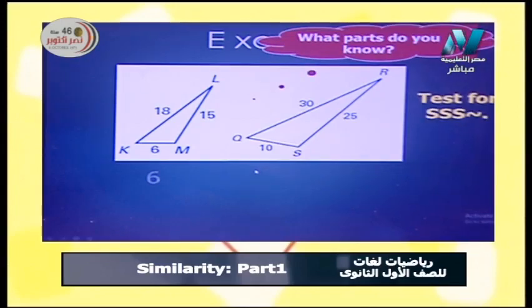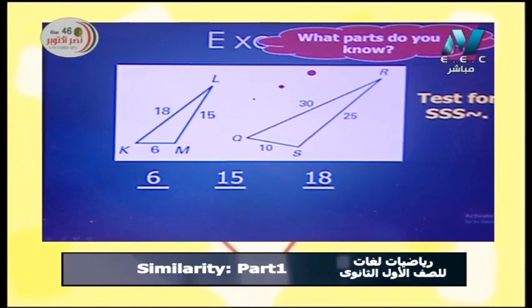Yes. Test for SSS, because we have the 3 sides here known and the 3 sides here are known also. Test about SSS similarity. We have the first triangle, we have 6, 15 and 18 sides. Look carefully for this. Divide by what?